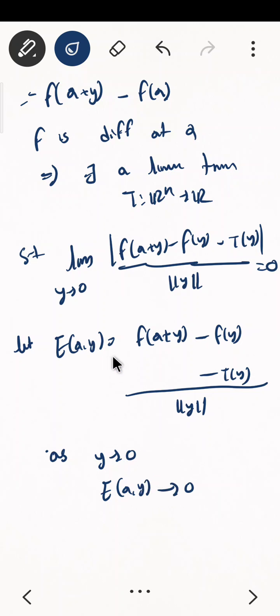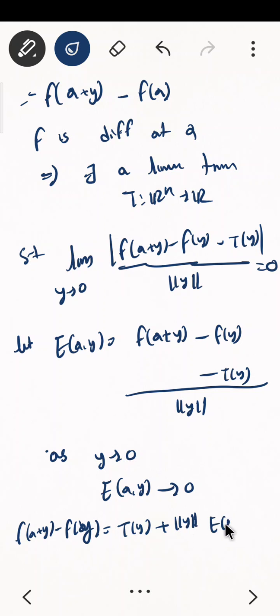So from here can I get the value of f of e plus y minus f of e? Just multiply. This will be T of y plus norm y into E of y, correct, where you know that E of y goes to 0 as y tends to 0.